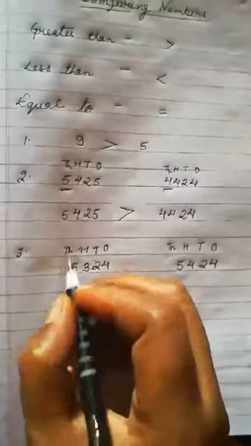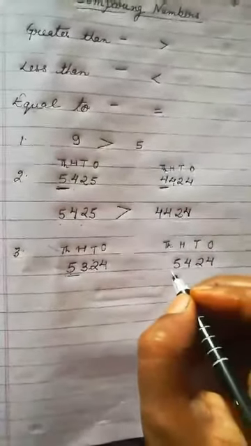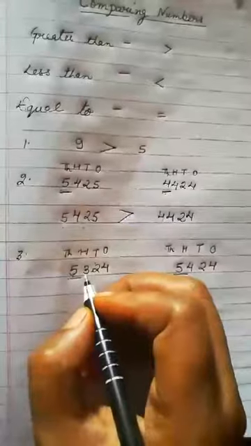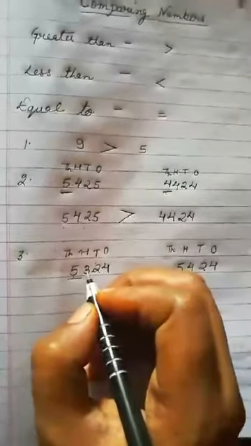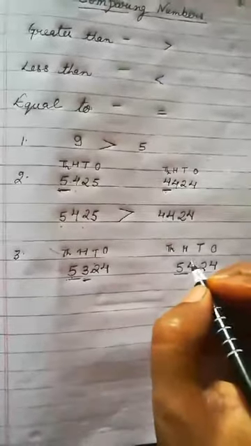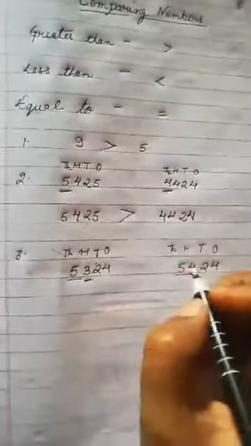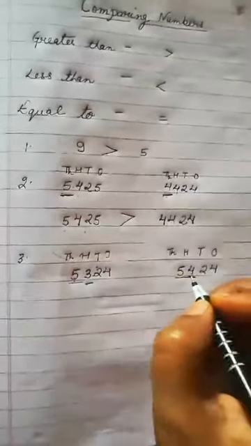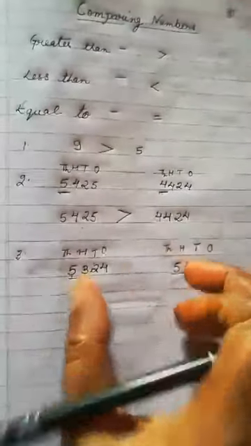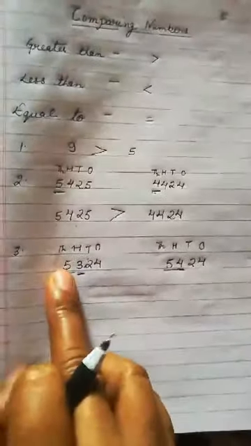So 5 is at the thousands place, and here also 5 is at the thousands place. Now which number is at the hundreds place? 3. And here which number is at the hundreds place? 4. So which is greater in both? 4 is greater than 3. So in these two numbers, which number is greater? This number is greater than this.